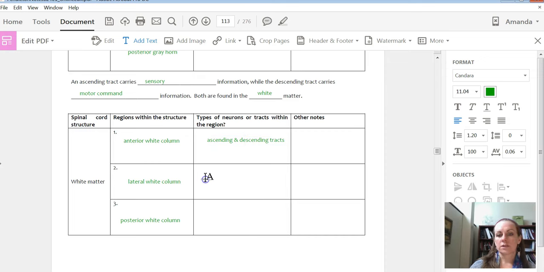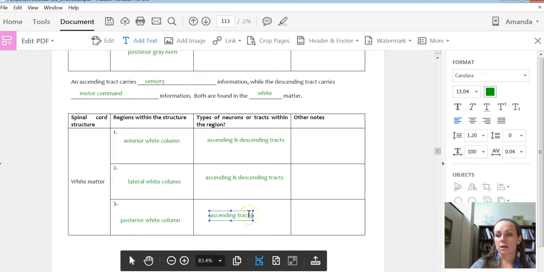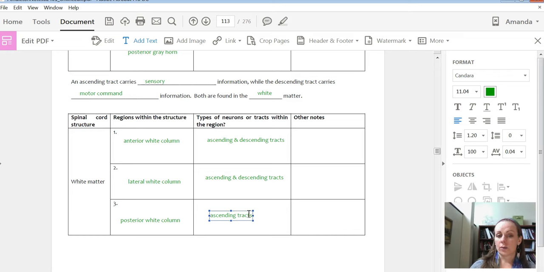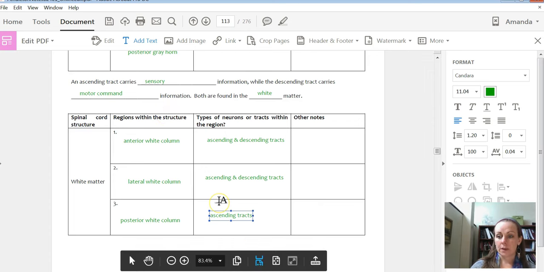The same is going to be true with the lateral white column. But the posterior white column is only going to have ascending tracts, which means it's only going to carry sensory information. Now, your lab portion is actually going to go through specific tracts and what specific type of information that they're carrying. It's going to give you more details, but for this portion, know this.